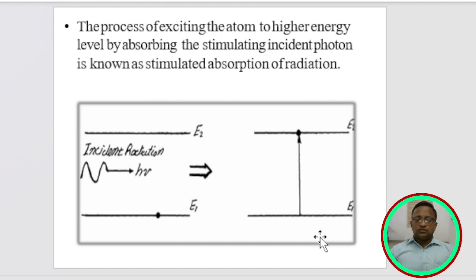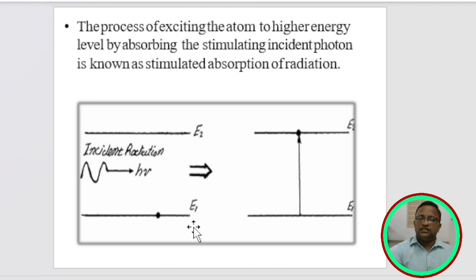Here the process of exciting the atoms from the lower energy level to the higher energy level E2 is called stimulated absorption of radiation. In the diagram, the atom in the ground level is at the E1 level.